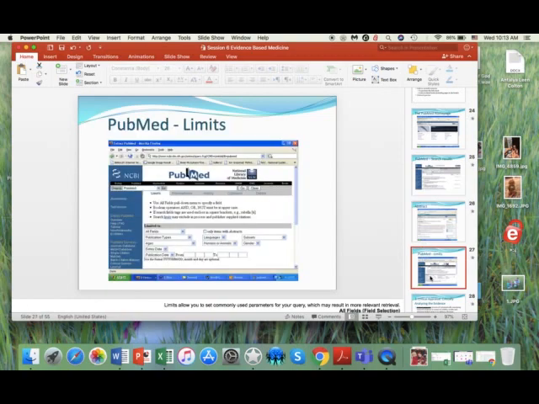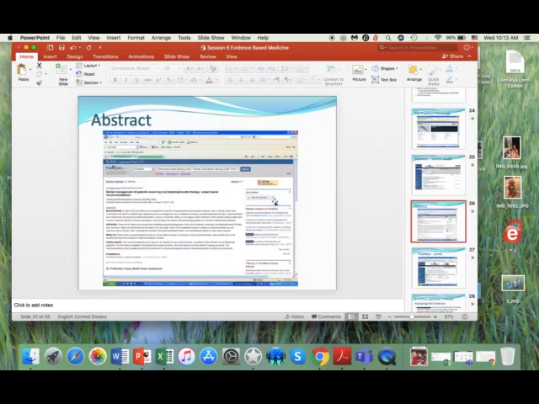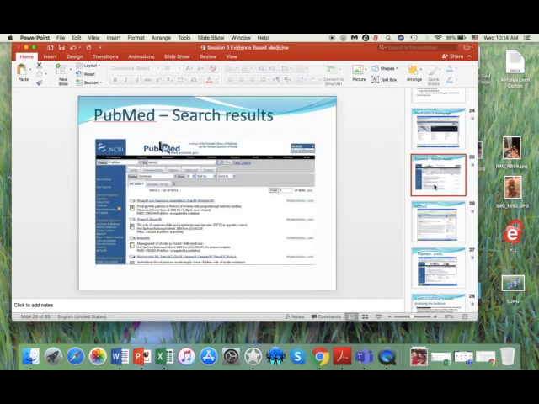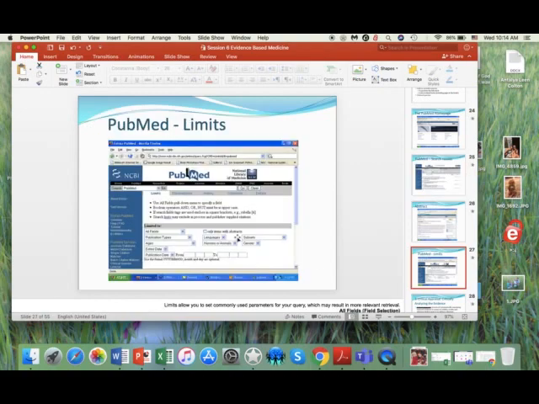As well, if you click on this advanced button here, it'll take you to a place where you can click on the limits. It's actually on this page, so you would click on limits right here. That will take you to this page where you can limit your question to a lot of different areas.